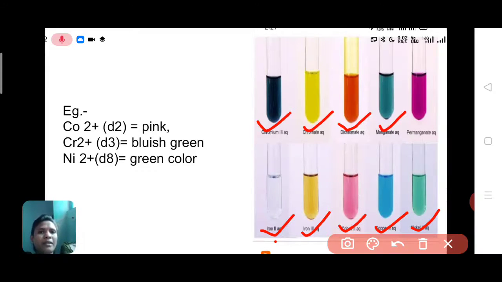So it depends on this electronic configuration, d2, d3, d8, and which type of wavelength is particularly absorbed by the electron. These two conditions decide the appearance of color.